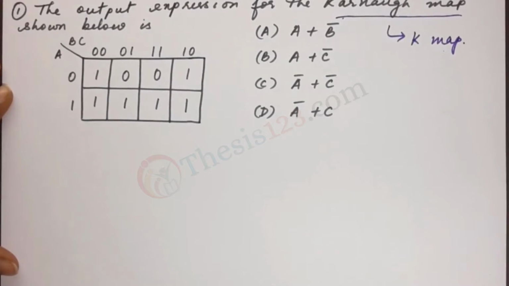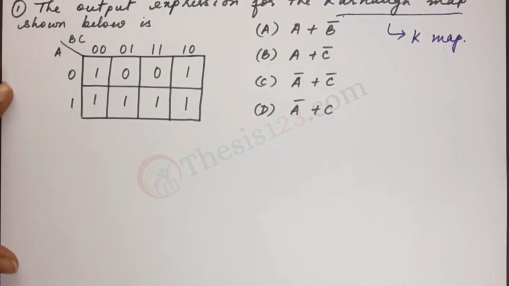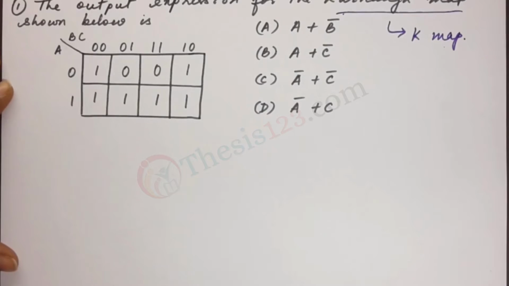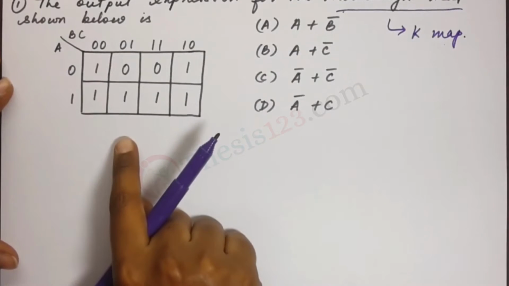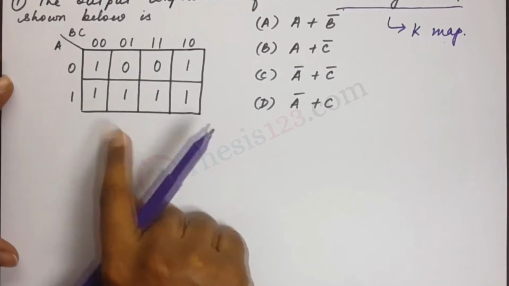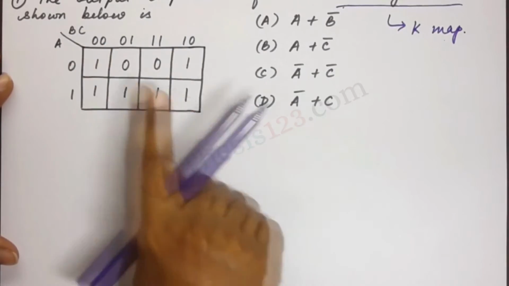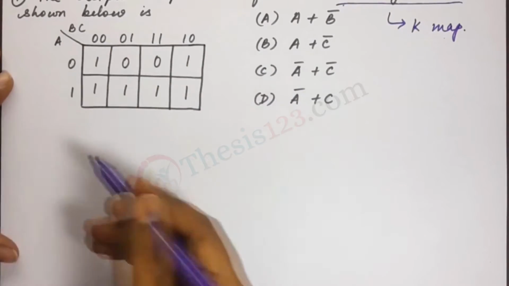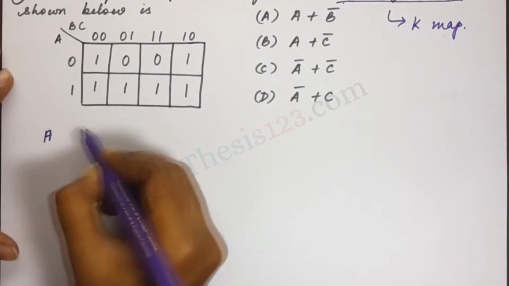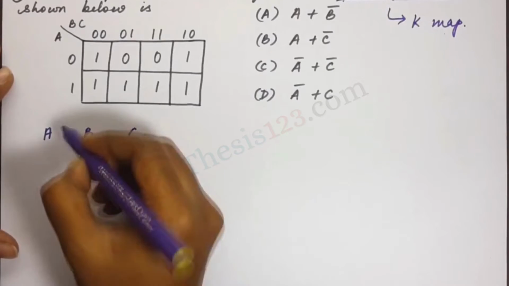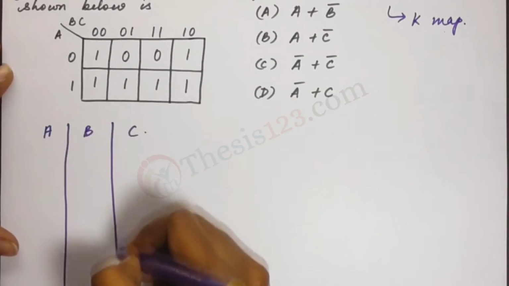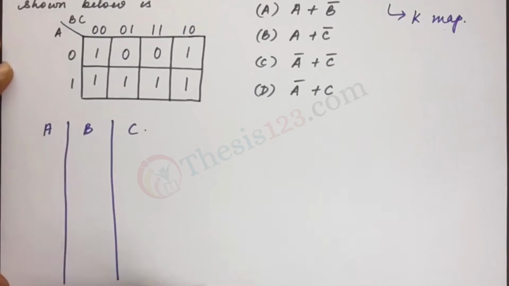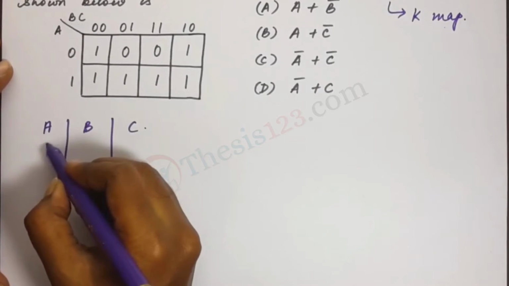So kernel map is also known as K-map. This comes under switching theory and logic design. I'm sure you've already guessed. Now the map given to us shows for A, B and C we have got 8 cells, and you know how that comes. A, B and C are our inputs. Now they have 8 different combinations.